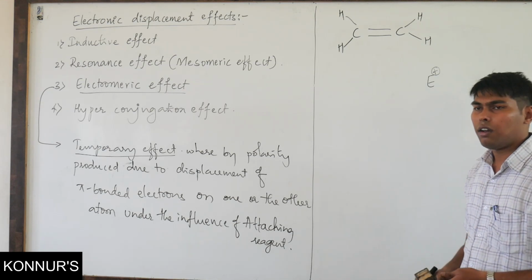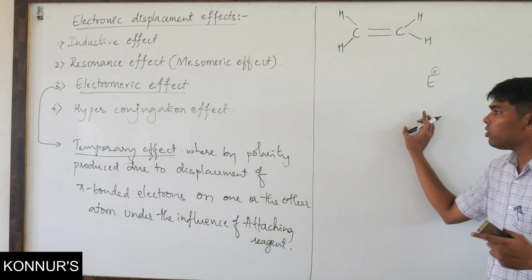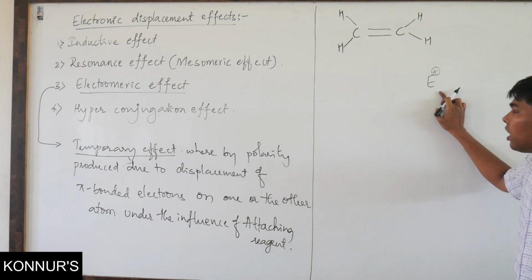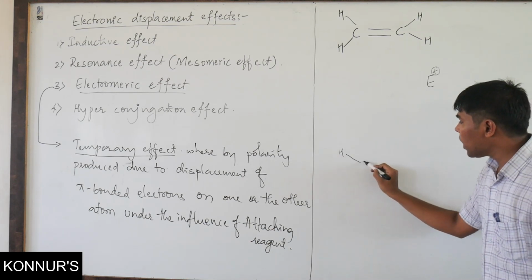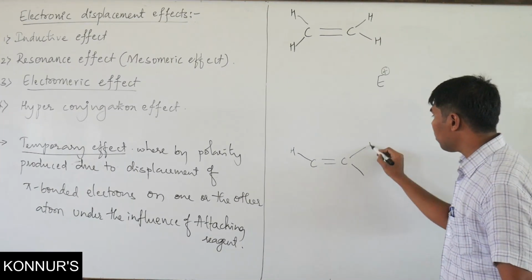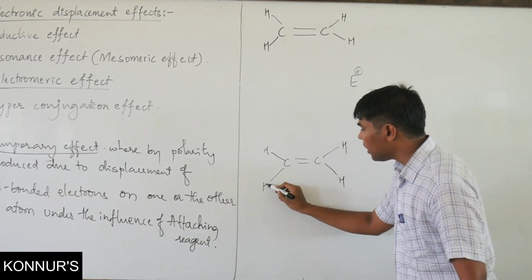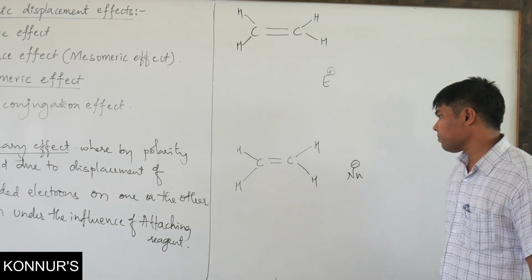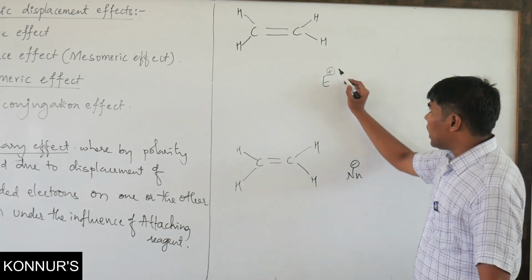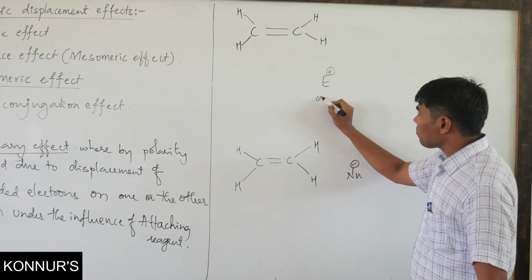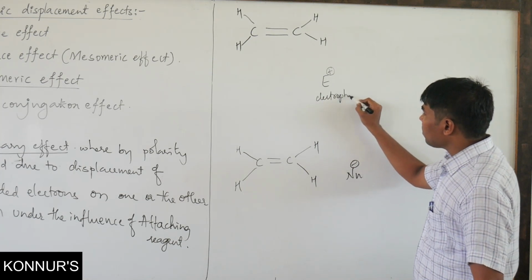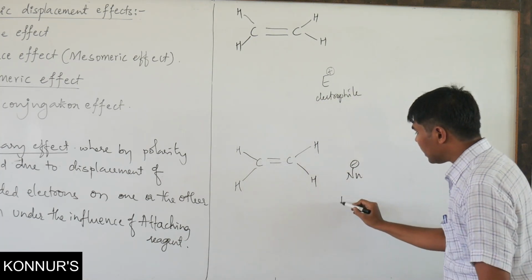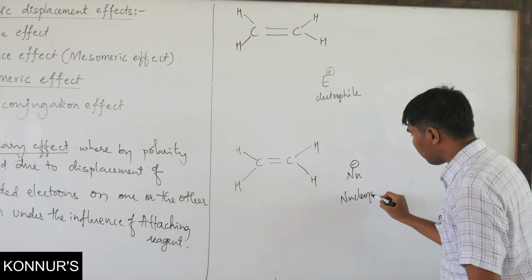An electron deficient center is called an electrophile, and the electron rich center is called a nucleophile. Here the attacking reagent is an electrophile, and here the attacking reagent is a nucleophile.